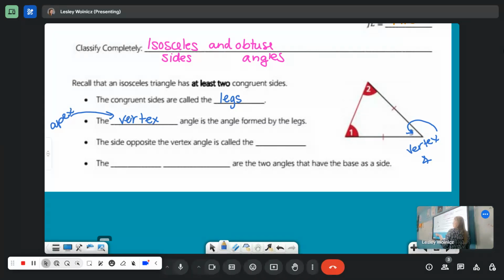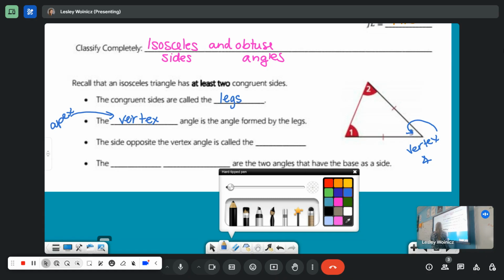Like that one seems a little bit nonsensical. It doesn't tell us as much as apex. Apex sounds like something. Okay, the side opposite the vertex angle is called the base.